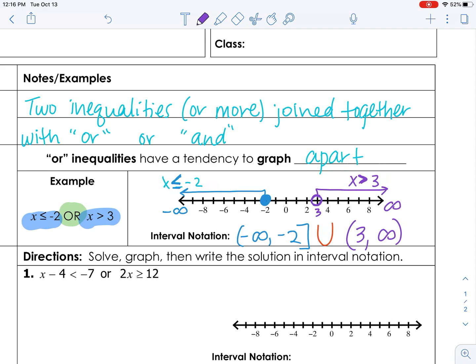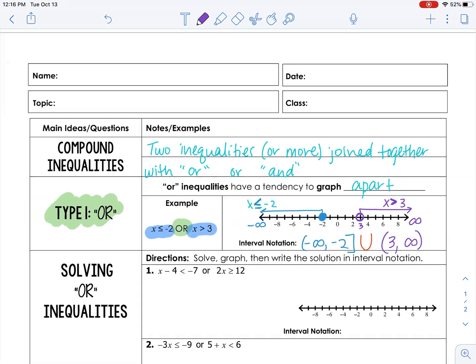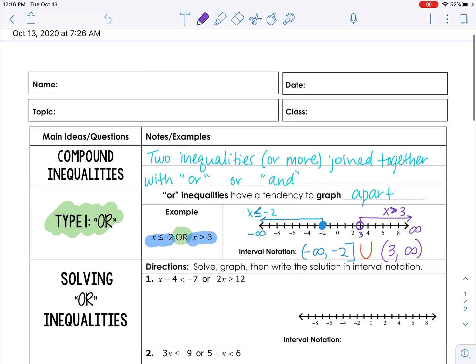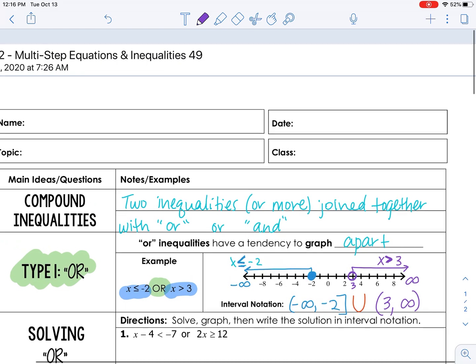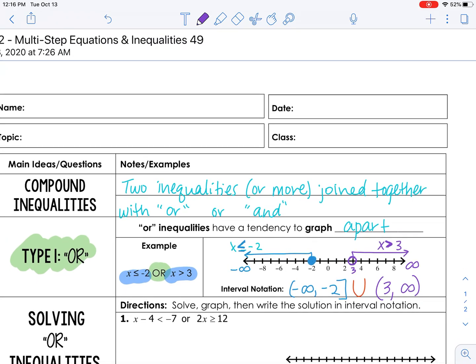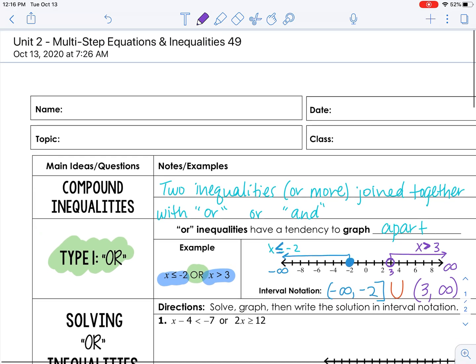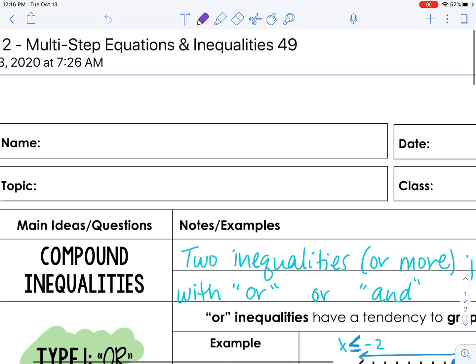So that is how we graph an OR compound inequality, and that's how we do interval notation for OR. Now that we've done that, let's jot down on the side when we need parentheses, brackets, open circles, and closed circles.